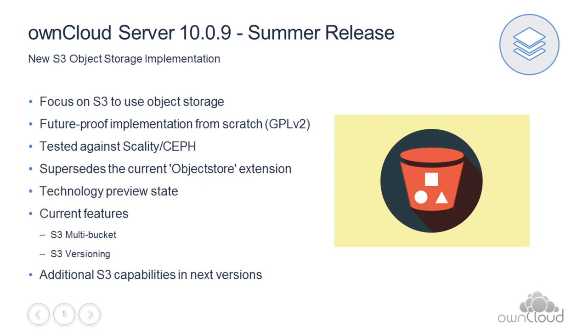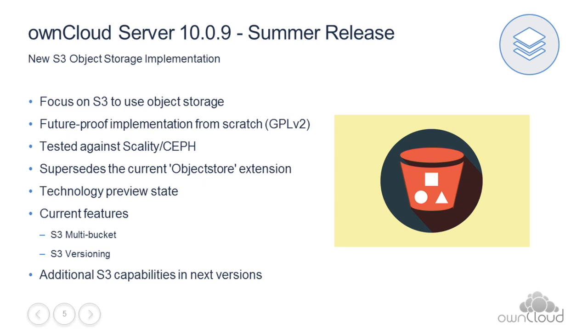Currently, it supports S3 multi-bucket, which allows you to deal with files that are larger than 5 GB, and also S3 versioning, which allows you to have all versions, like the versioning feature in OwnCloud, outsourced to the object store.